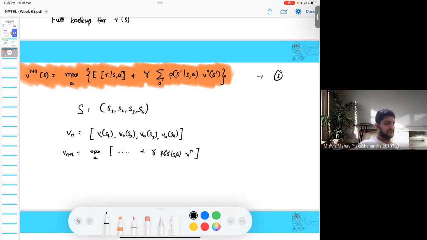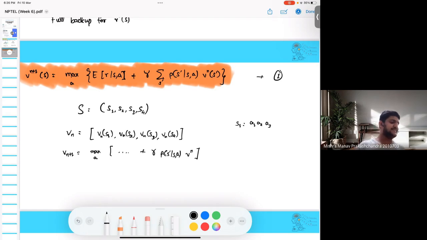Each state would also have some actions, right? So let's say state s1 has actions a1, a2, a3. All I'm trying to do is take that particular value function which maximizes, which gives me the max over a, right? So that's the whole idea when I do this update.